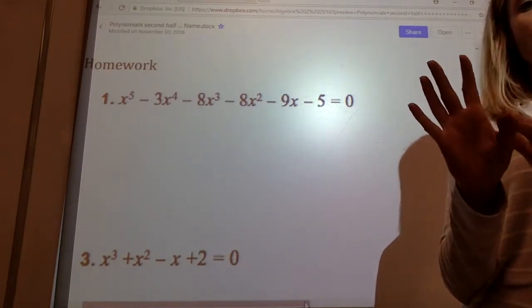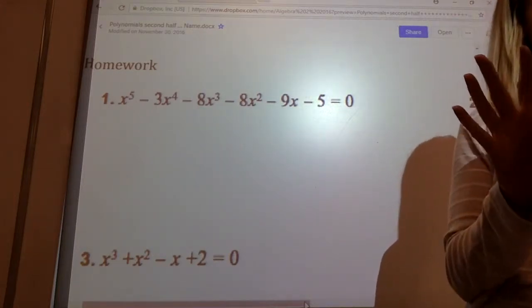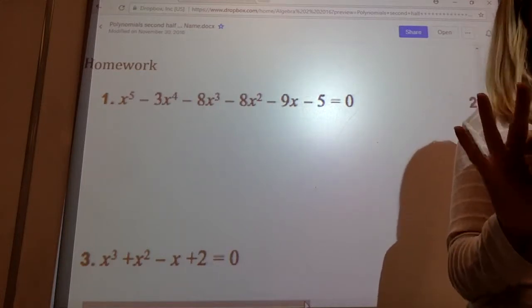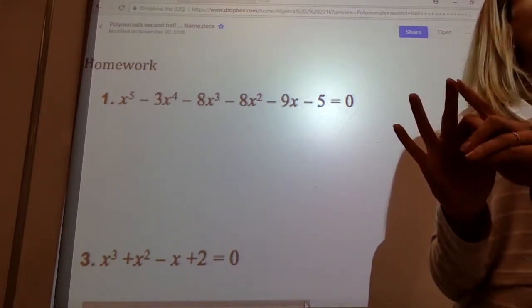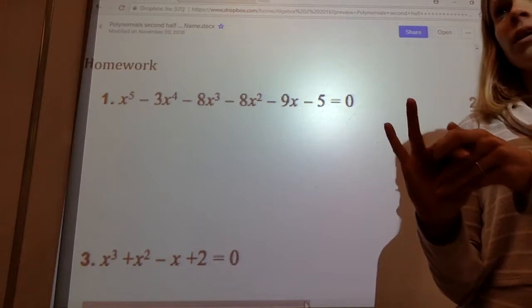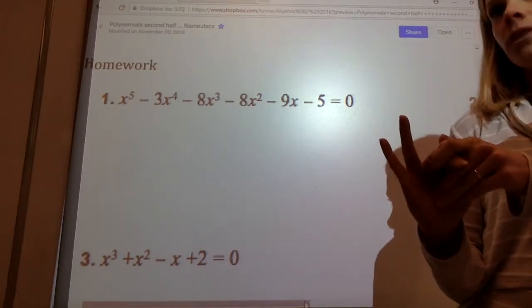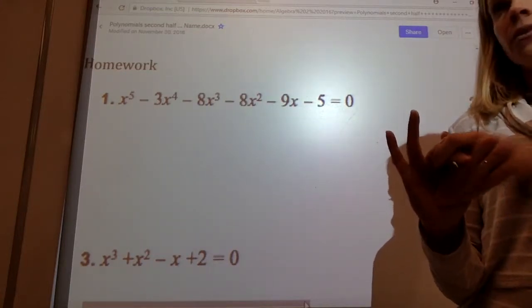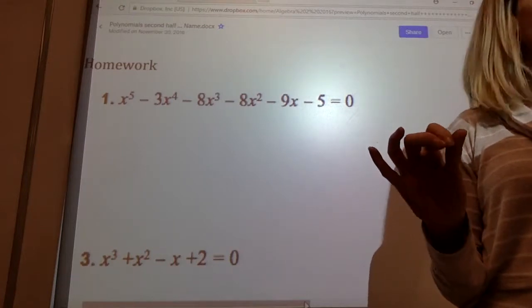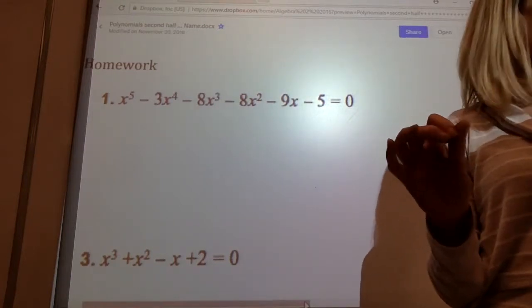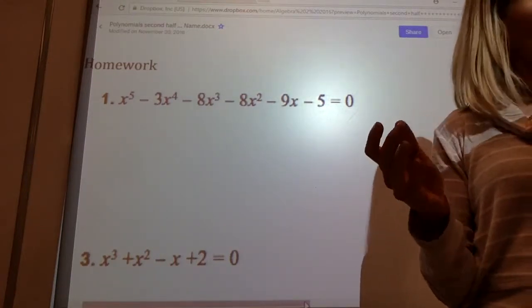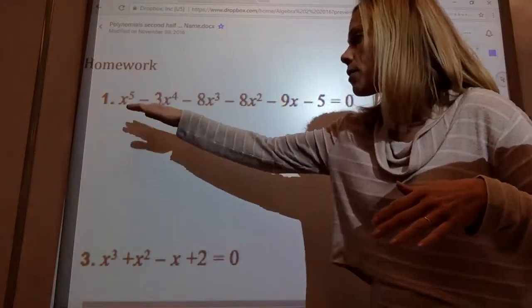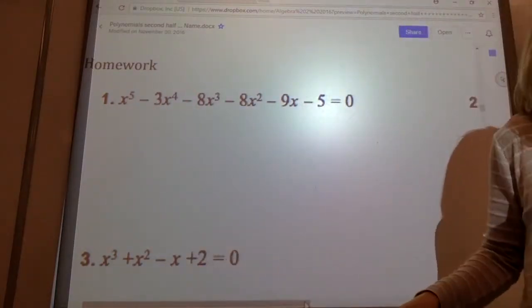Because 1 root would bring it down to a 4th degree, another root would bring it down to a cubic, and then a 3rd root would bring it down to a quadratic, and I can solve any quadratic, right? Every time you use synthetic division and take out a root, it decreases the polynomial by 1 degree. So 5th degree, I need to get 3 of them to get it down to a quadratic.